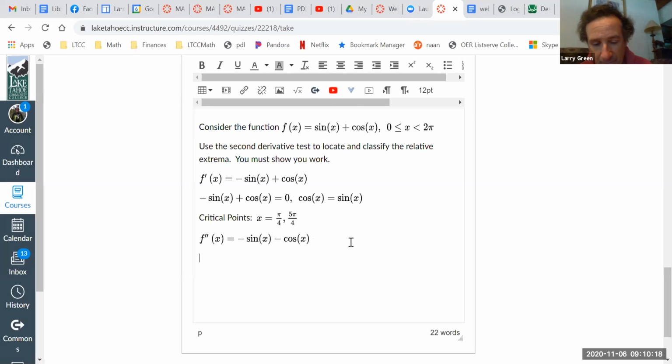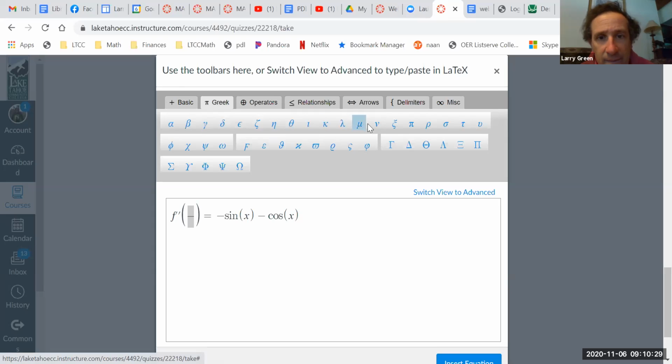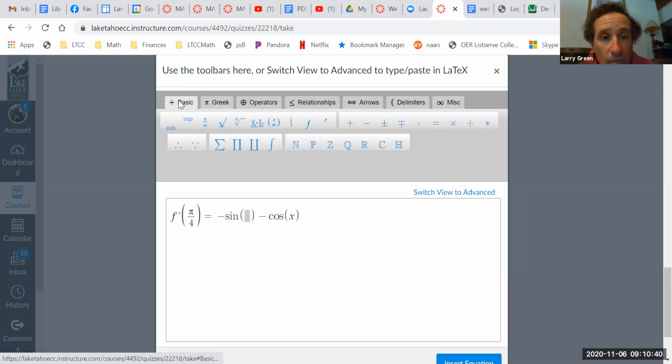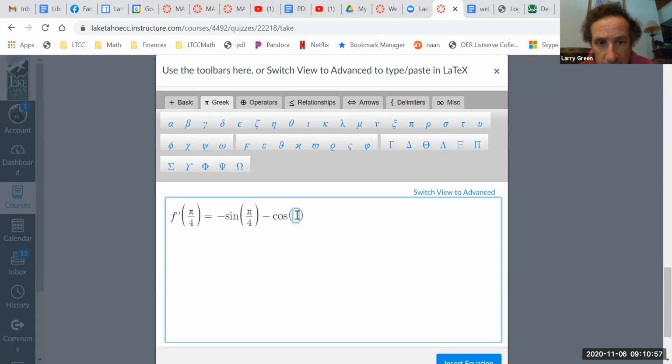So let's do that. I'll start with pi over 4. So f double prime of pi over 4 is equal to negative sine of pi over 4 minus cosine of pi over 4.